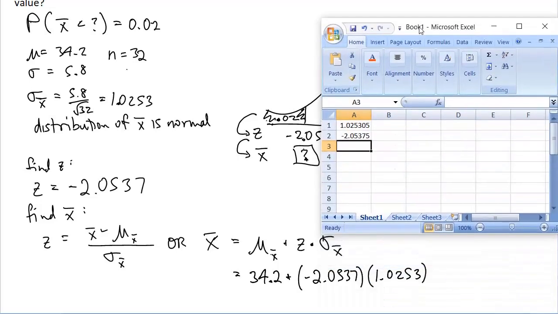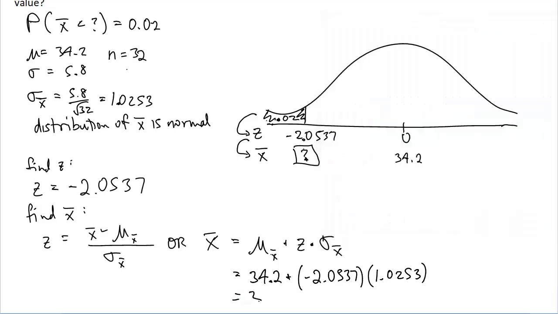To do this, I'll pull up my calculator. 34.2 minus 2.0537 times 1.0253. And there's the answer, 32.0943. And that is the mystery x-bar value, and that's the answer to the question.